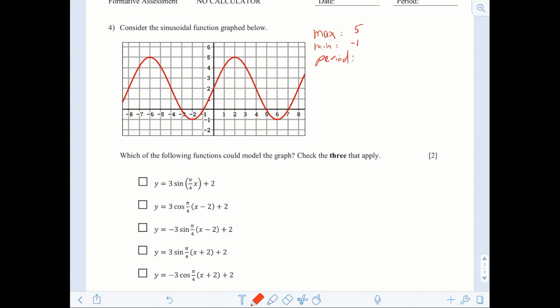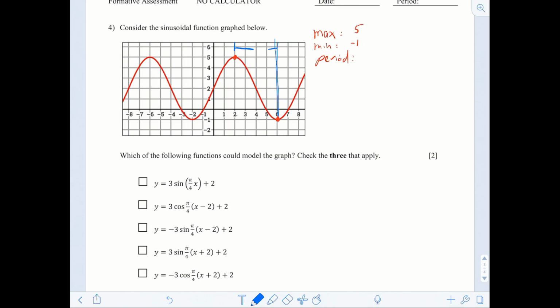So I'm looking at, in a sense, the value. Well, before I do that, yeah, let's do this, right? The max right here is at 5. The minimum right here is at -1. So from here to there is not a full period, but half a period.